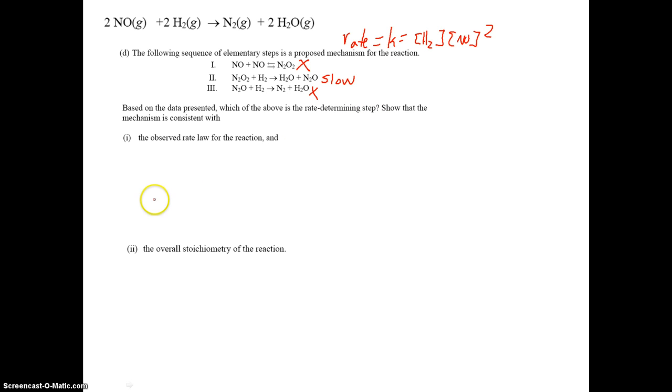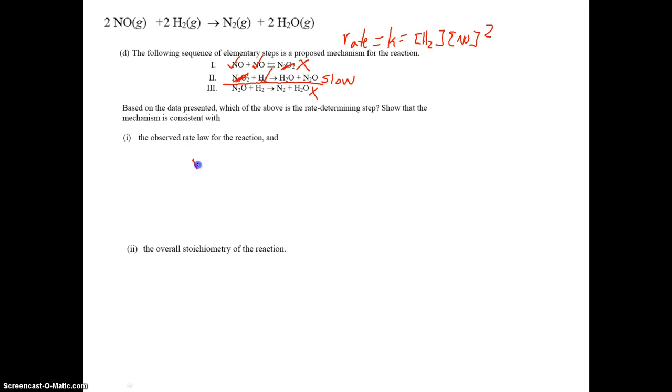So show that the mechanism is consistent with that. Okay. So in my rate law, I'm allowed to have everything up to the slow step. So everything up to here. So if I look, this is an intermediate. So I'm going to mark out my intermediates. What reactants then are reacting? I've got NO, NO, and H2.